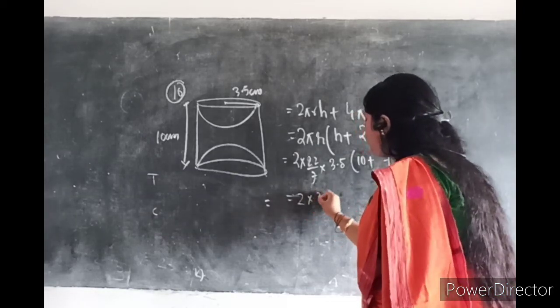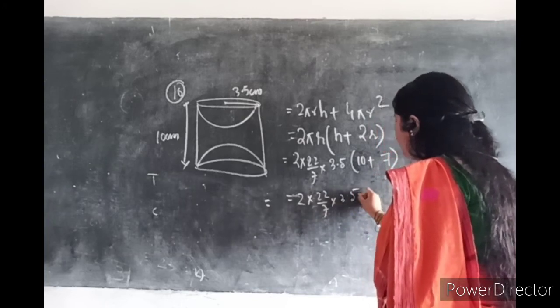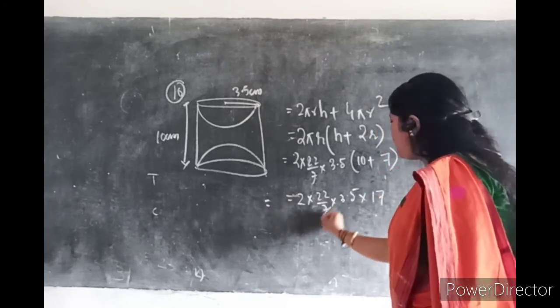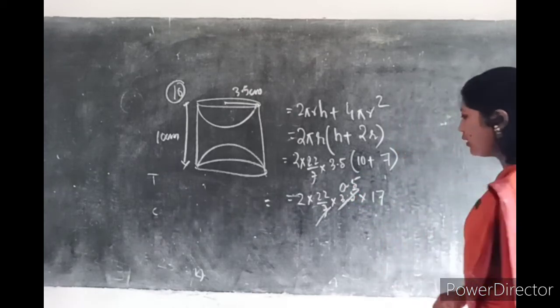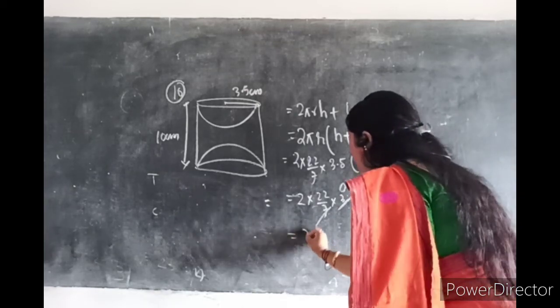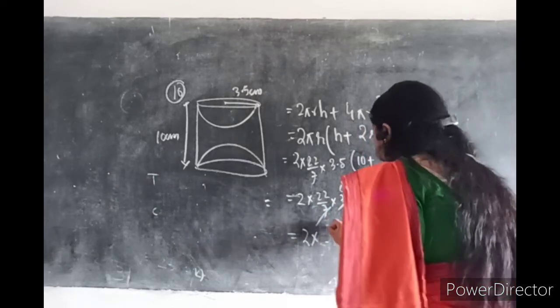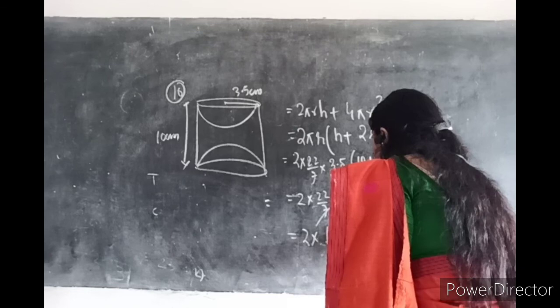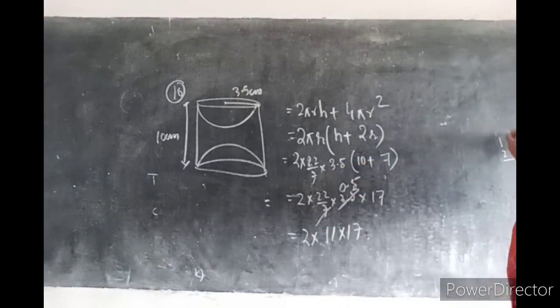So 2 into 22 by 7 into 3.5 into 17. That is 110, since no decimal point, 11 into 34. So let us calculate now.